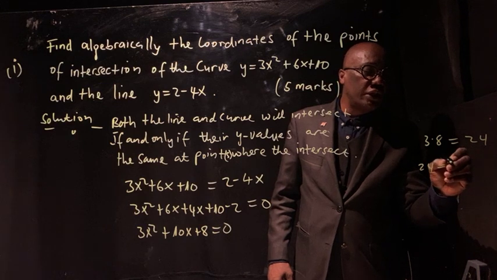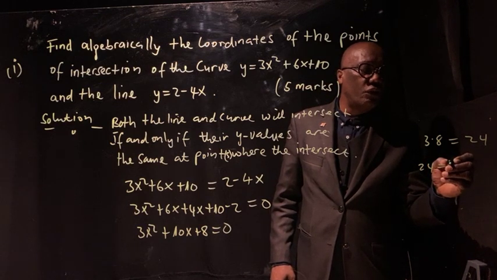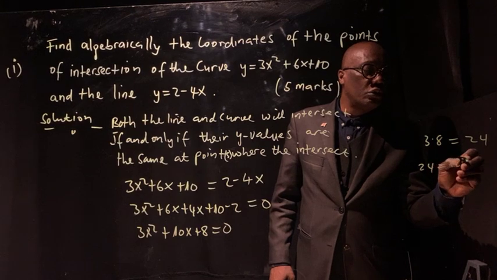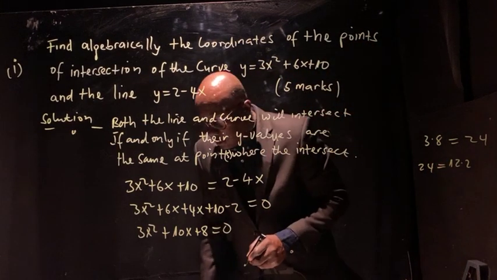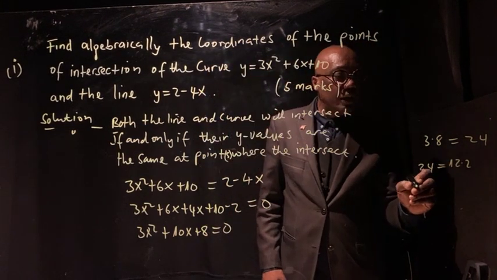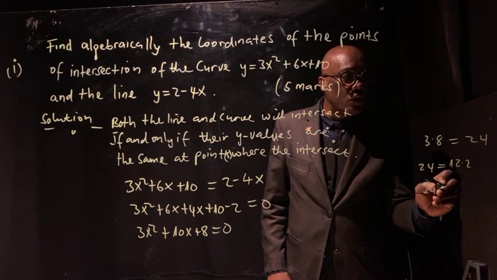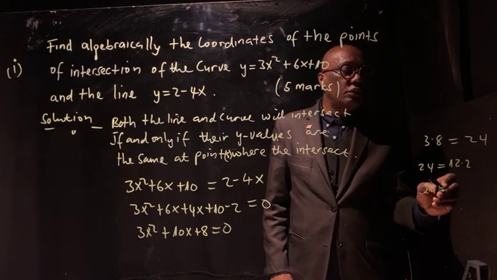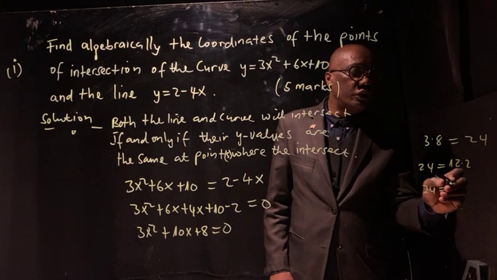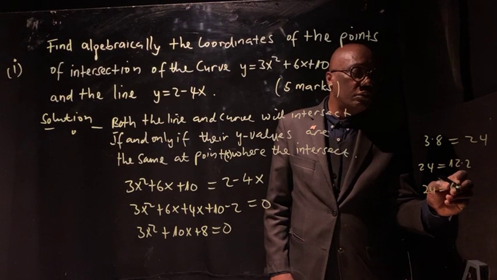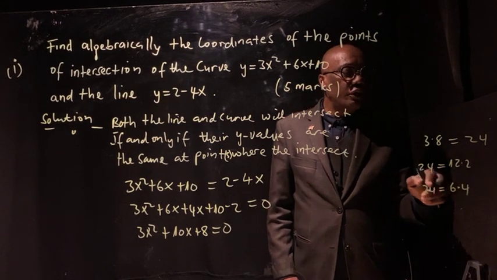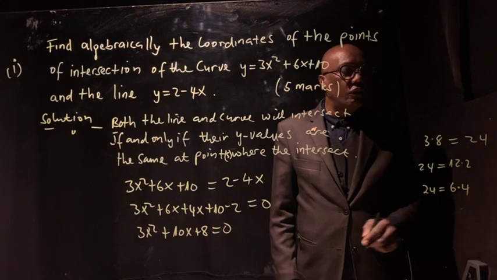We can also say that 24 is equal to 12 times 2. We can also say that 24 is equal to 6 times 4. All these are factors of 24.